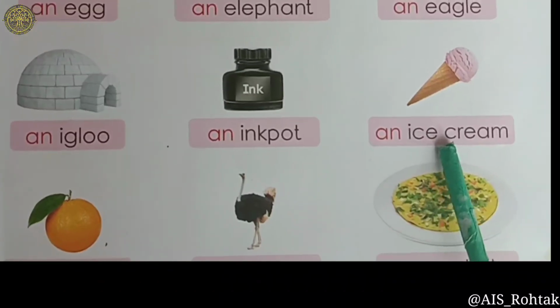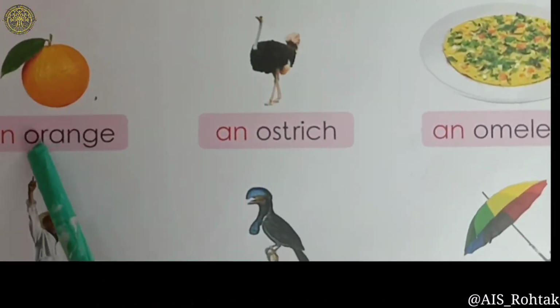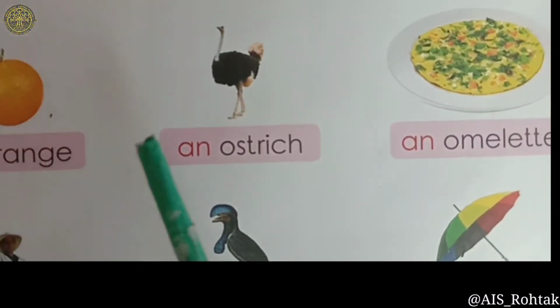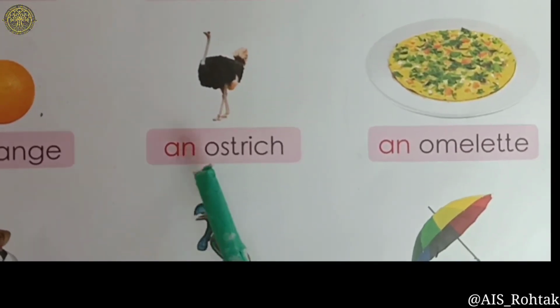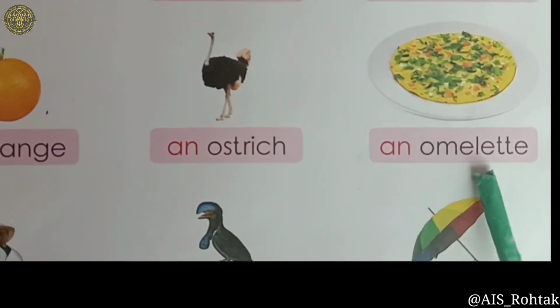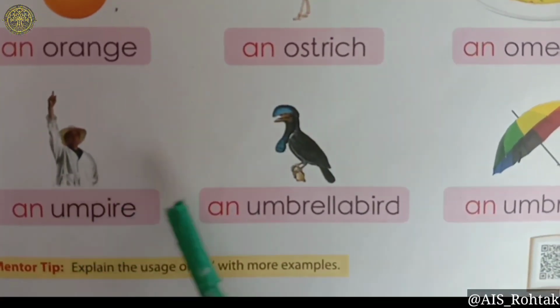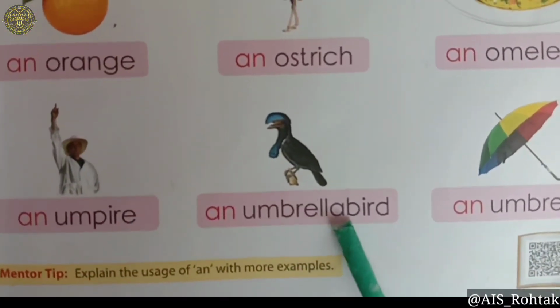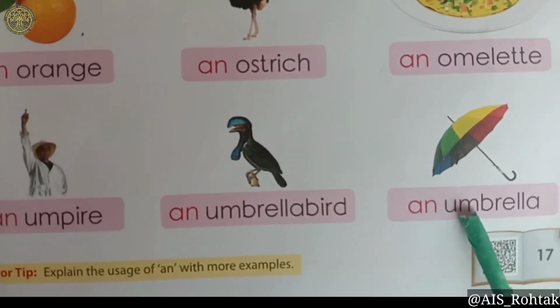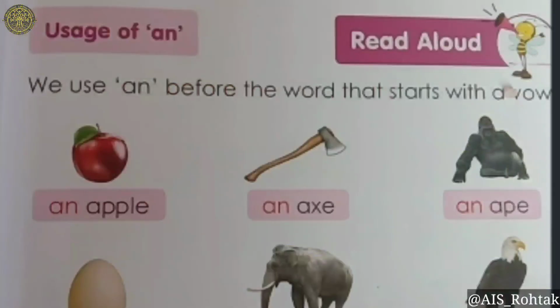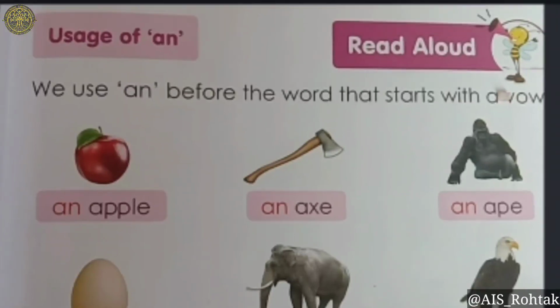An ice cream. An orange. An ostrich. An omelette. An umpire. An umbrella bird. An umbrella. So students, here we have seen all the pictures' names begin with vowels.